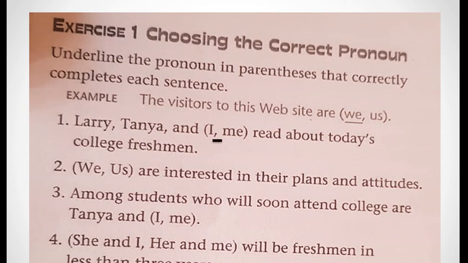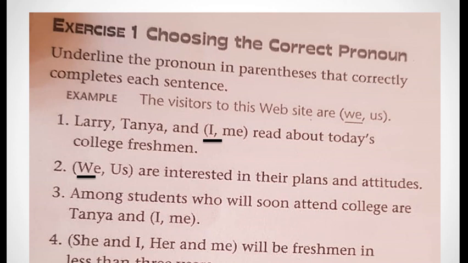It's I as the subject pronoun. Larry, Tanya, and I read about today's college freshmen. Number two, we or us are interested in their plans and attitude. Yep, it's we as the subject and it's a plural pronoun.